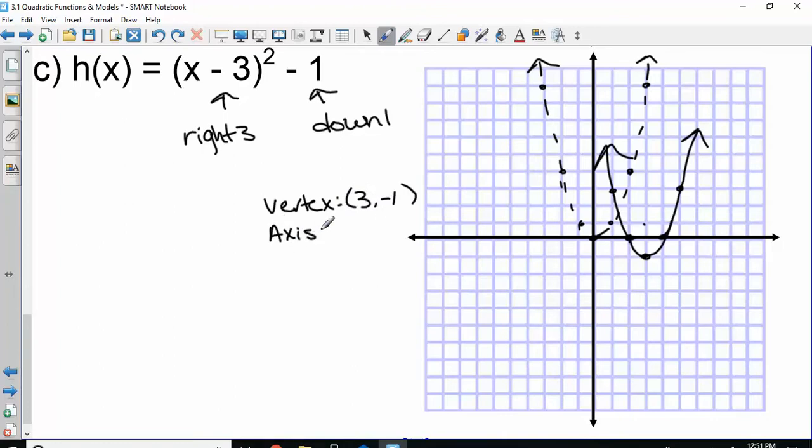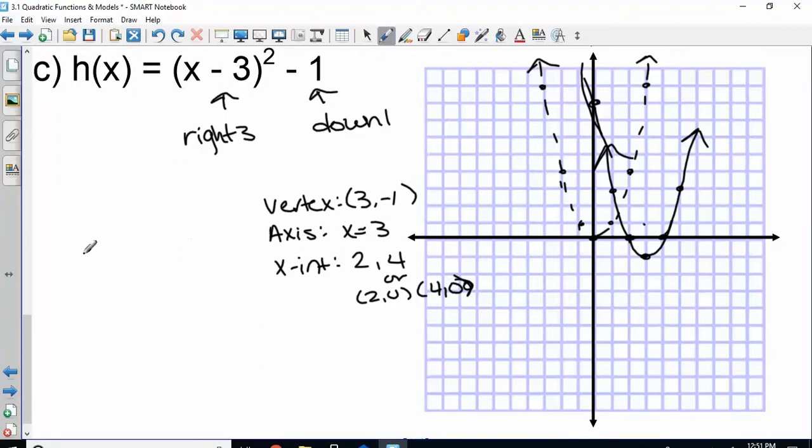The axis of symmetry would be x equals 3. Can you tell me the x-intercepts? 2, 0. You could either list them, or if you did the ordered pairs, 2, 0, and 4, 0. Y-intercept, if I extended my graph out that far, yeah, we're hitting it at 8.